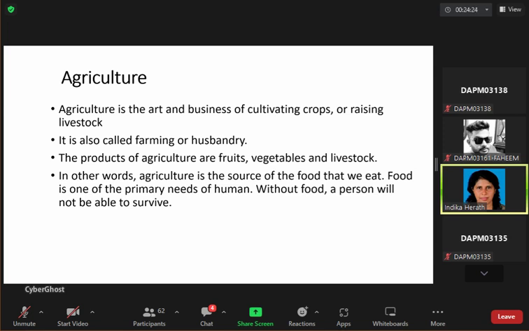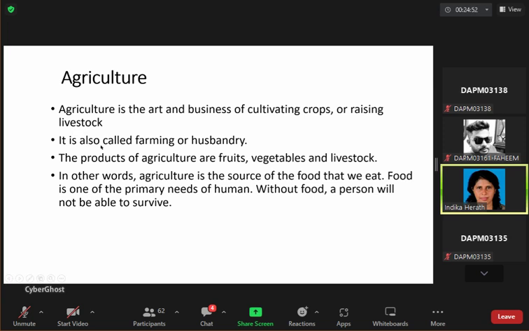So it needs to be a business of cultivating crops and rearing livestock. If you do not know the term livestock, we will discuss it; it's more about rearing animals.